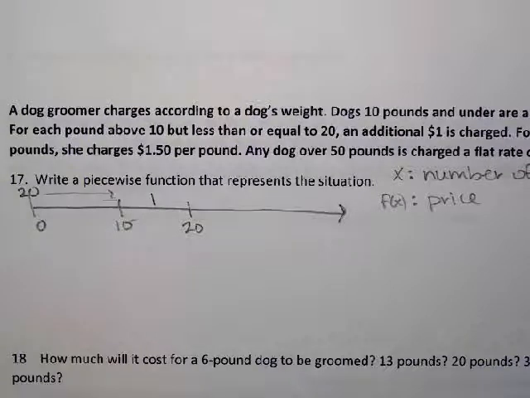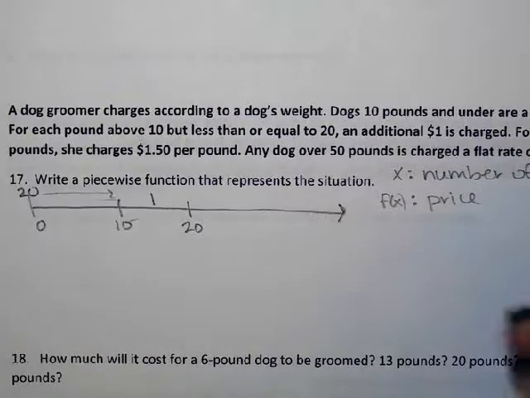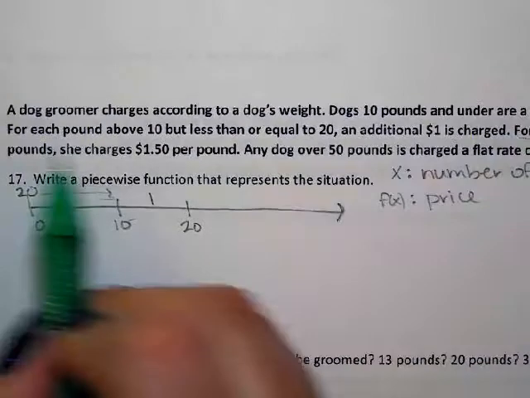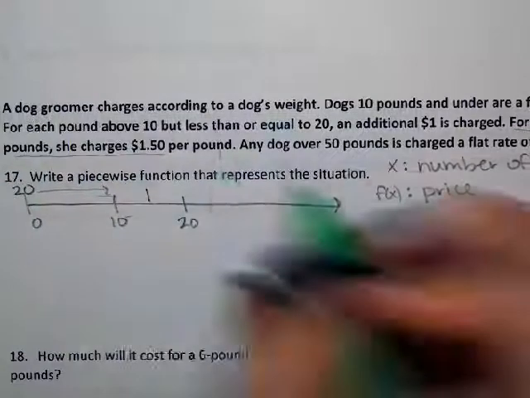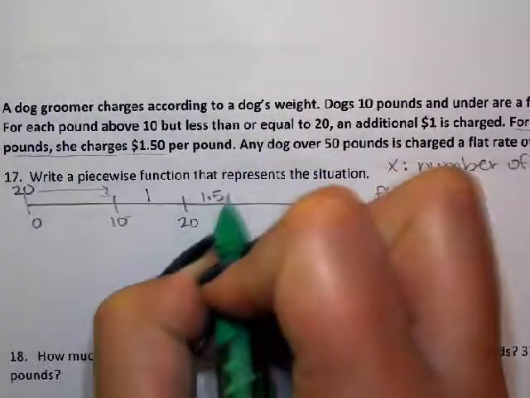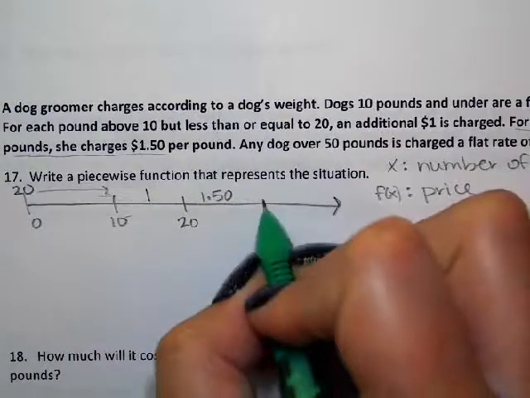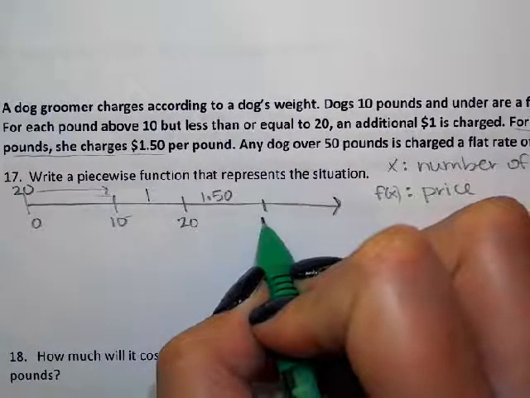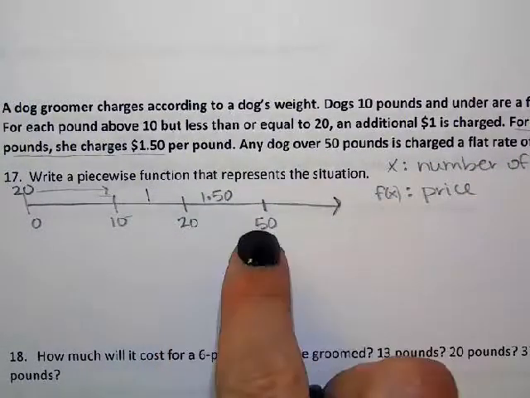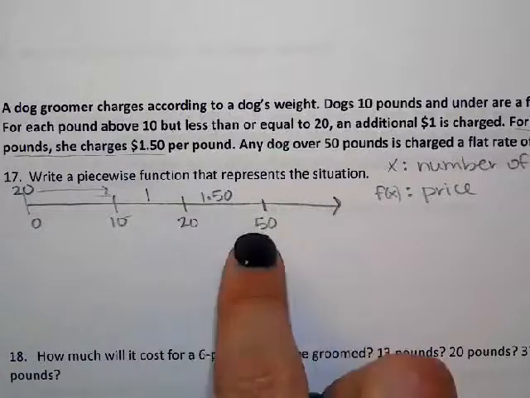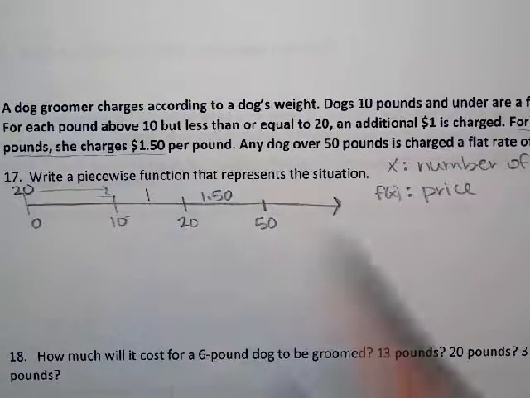And then what does it say after that? 1.5, and it says for the next 30 pounds. So what should my next number be here? 50. So for the next 30 pounds, there's 30 numbers between here. So from 20 to 50, it's $1.50 per pound.